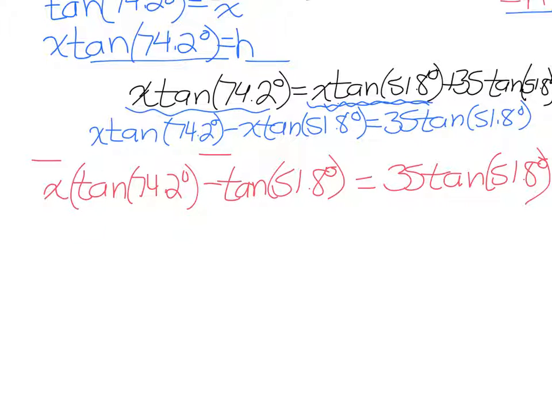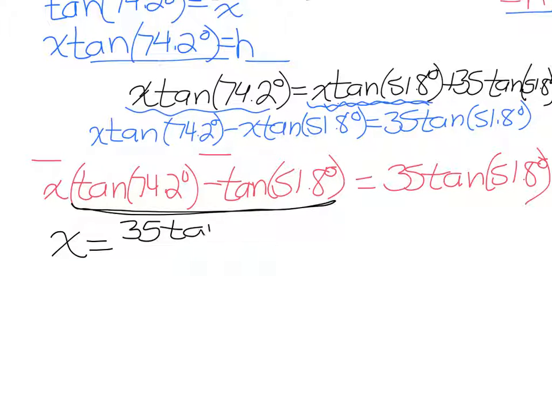Now this, if you recall, is just a number. This whole thing is just a number. So I'm going to divide both sides of the equation to solve for x by that number, which is this little bit complicated looking expression.